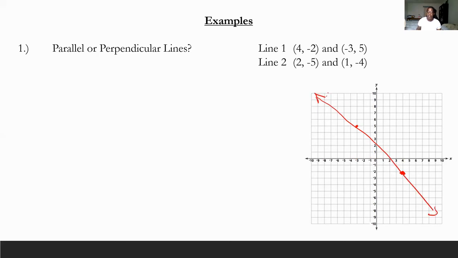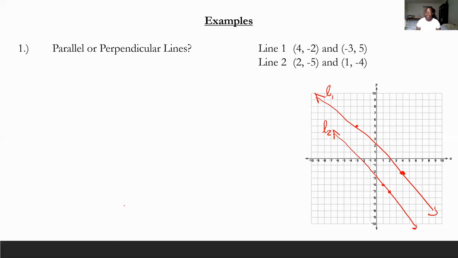Okay, so this one is going to be line 1. Now for line 2, we got (2, -5), which is this point here, and then (1, -4), which is this point here. And then we try to draw our line. I love how I tilt my head when I draw my lines. It's hilarious. And then this will be line 2.